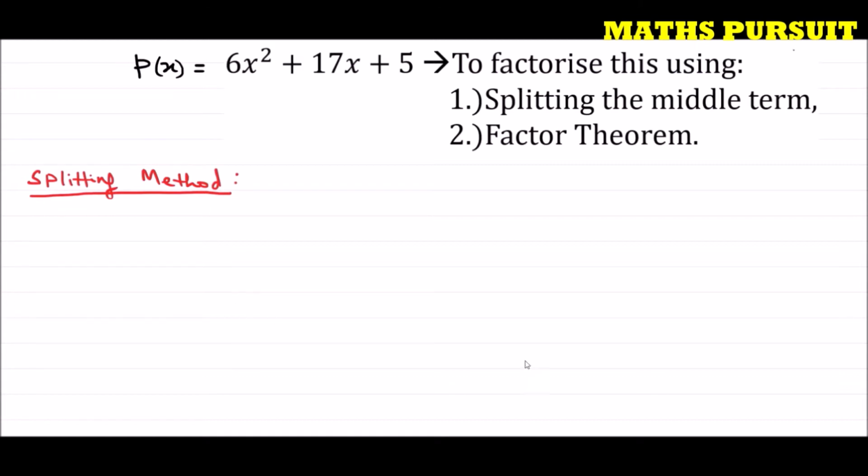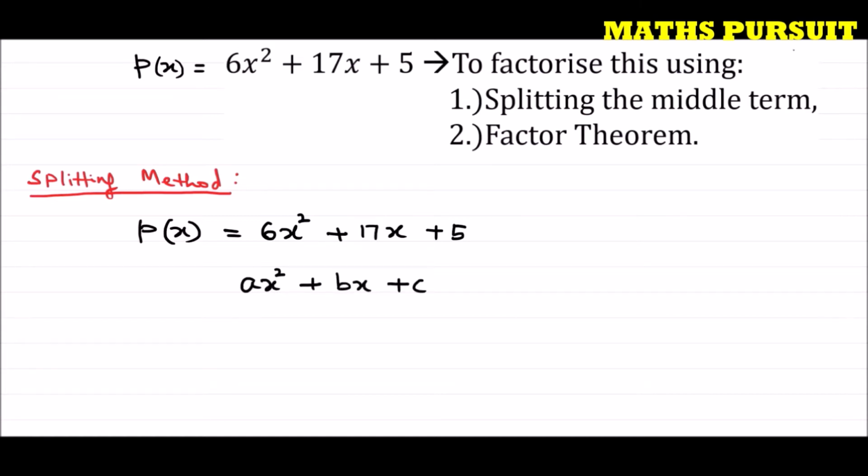Now in this splitting method, we will be using the quadratic equation formula. So here we have p(x) equal to 6x to the power 2 plus 17x plus 5, and as per the quadratic equation, this is of the form ax to the power 2 plus bx plus c, where c is a constant.